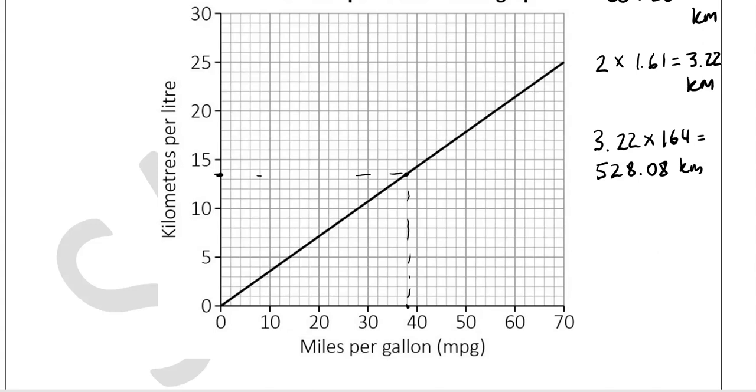It's going to give us about 13.5 kilometers per litre. So if I divide 528.08 by 13.5, it should give me how many litres per student are needed, which is 39.117 litres.